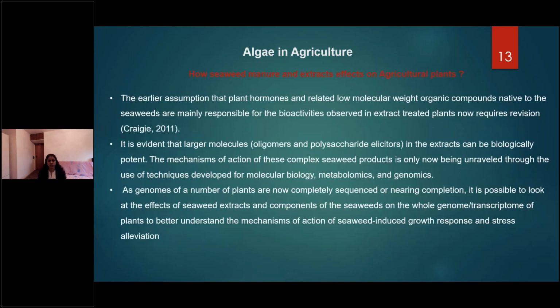There was an early assumption that plant hormones and related low molecular weight organic compounds native to the seaweeds are mainly responsible for the bioactivity observed in the treated plants.